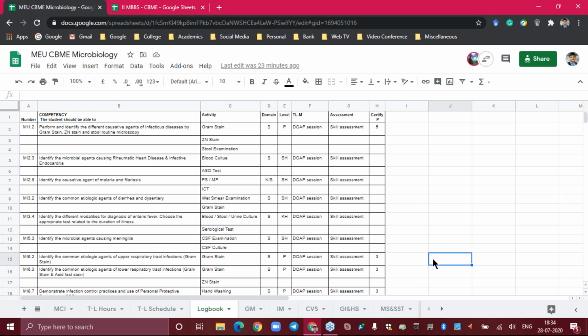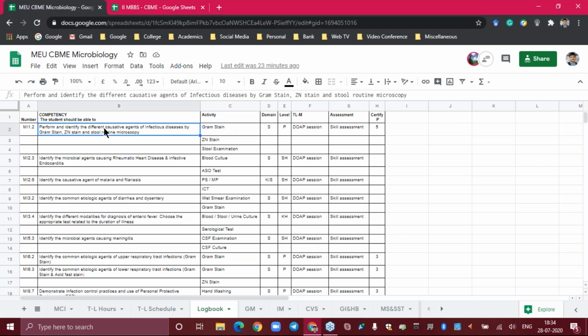When you prepare this logbook, it is simple, as I said, a log of activity. If we can prepare the logbook along with the practical manual or journal, that would be very nice.